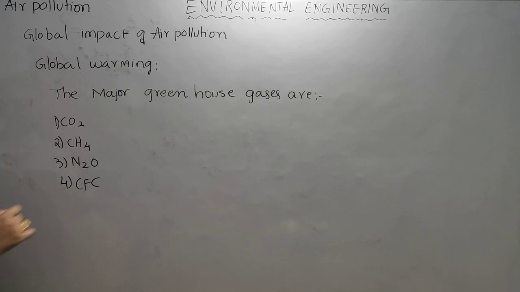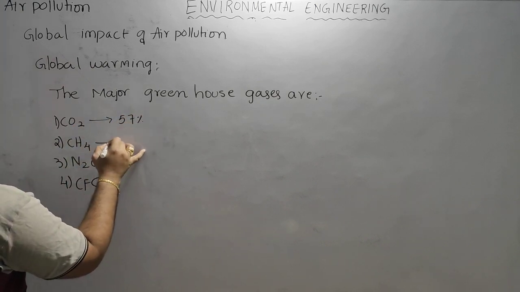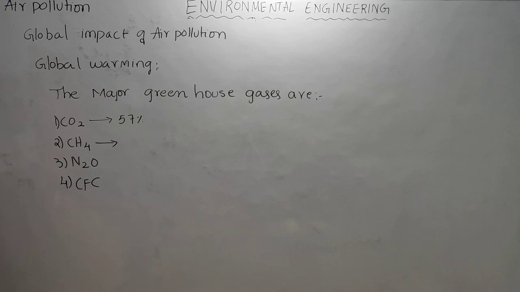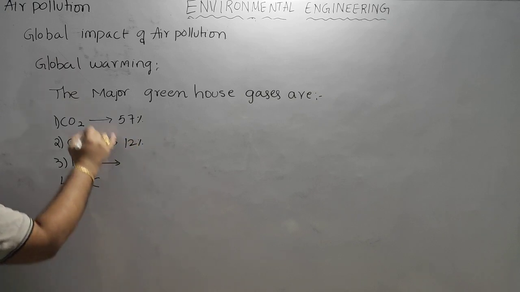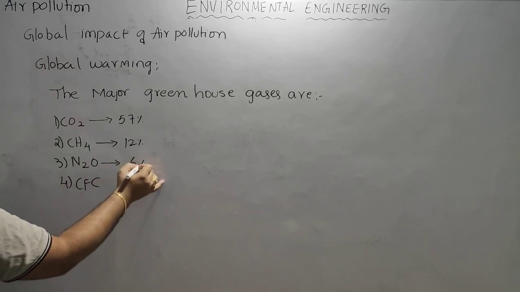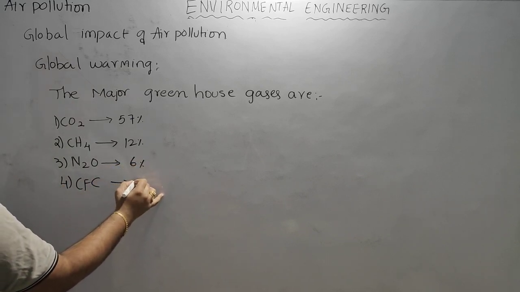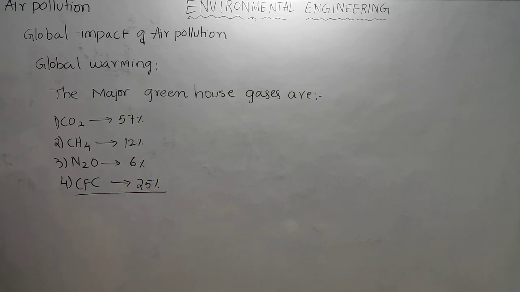Majorly carbon dioxide takes approximately 57% of the greenhouse gas, and methane approximately 12%. If you take this as 100%, these are the proportions I am telling. Nitrous oxide about 6% and CFCs, chlorofluorocarbons, approximately 25%. This is the proportion of the major greenhouse gases present in the environment.